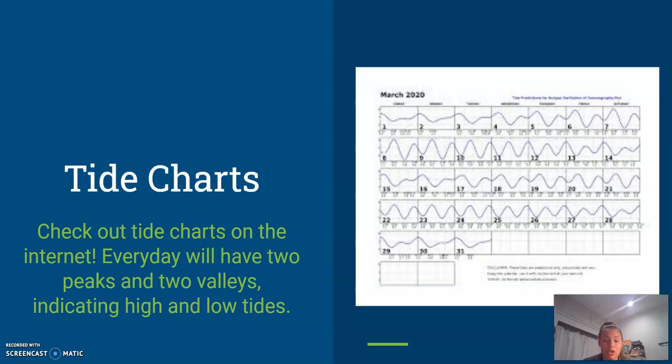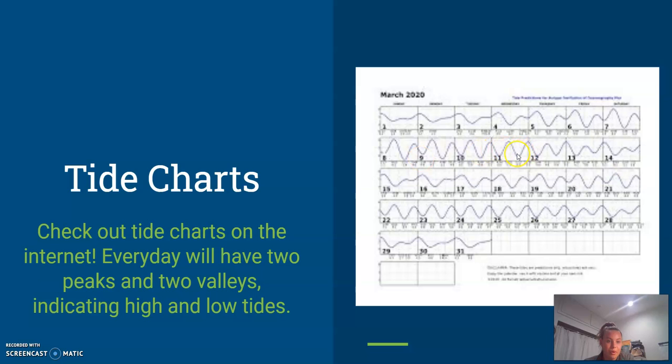But you can find these all over the internet, and basically, they're graphings of the predicted tides for the whole month. And down here, I know it's blurry in this image, but there are times of day that you'll be able to see here.